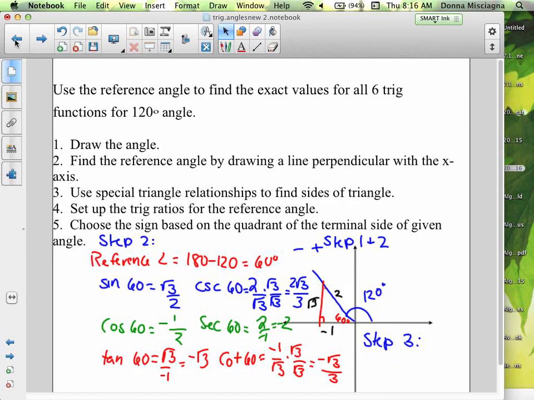Remember, all students take calculus. So it's sine and cosecant, and then tangent, cotangent, and in the fourth quadrant, cosine and secant. So let's double check. So sine is positive, cosecant is positive, and all the others are negative. So we know we got those right. So I like to put the negative on the value on the triangle, and then I like to just go back and check that the right ones are positive and the right ones are negative, just to make sure.